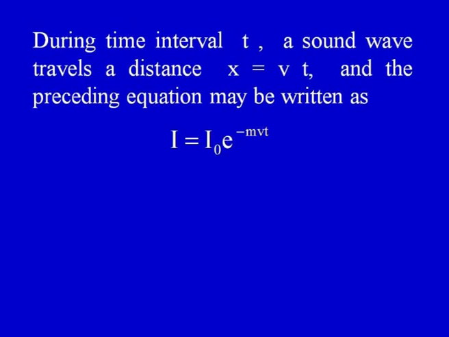During the time interval t, a sound wave travels a distance x given by v into t, and the preceding equation may now be written as I equal to I naught e raised to the power minus m v t.